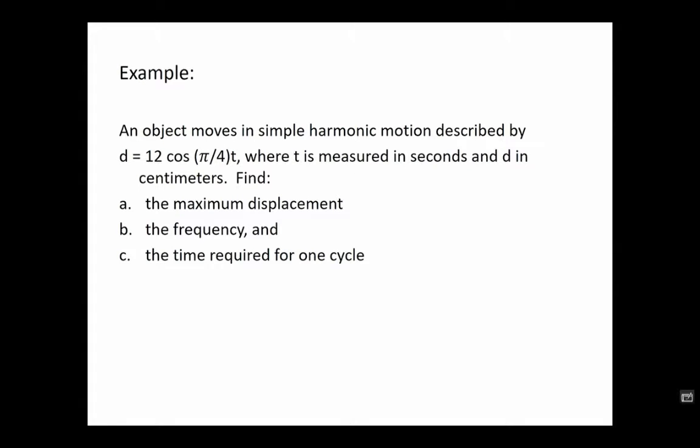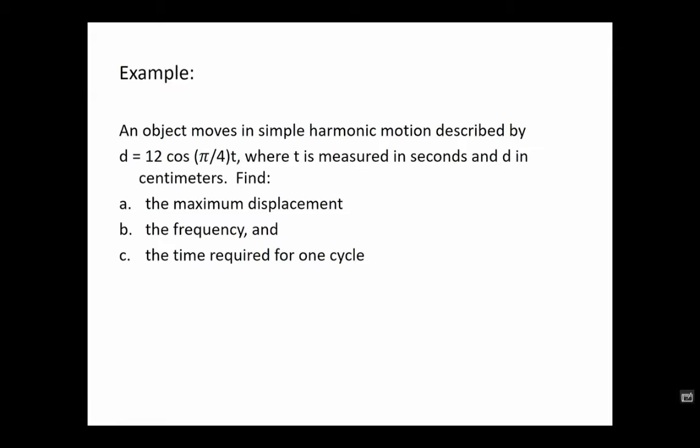All right, here's an example. An object moves in simple harmonic motion described by the equation d is equal to 12 times the cosine of pi over 4 t, where t is measured in seconds and d in centimeters. We are to find the maximum displacement. Let's just denote what we have.